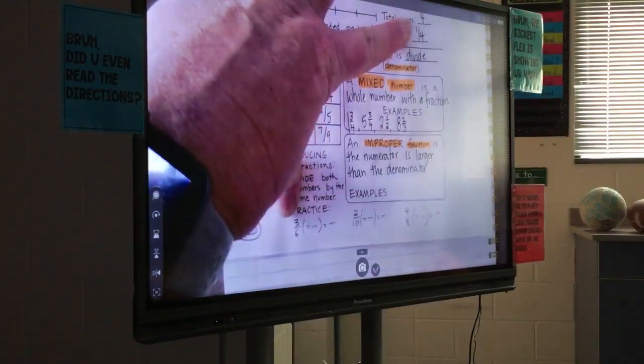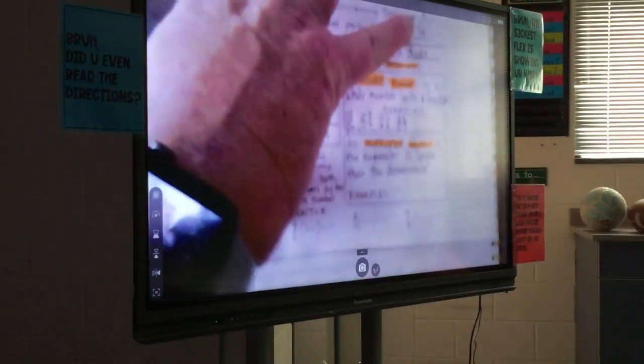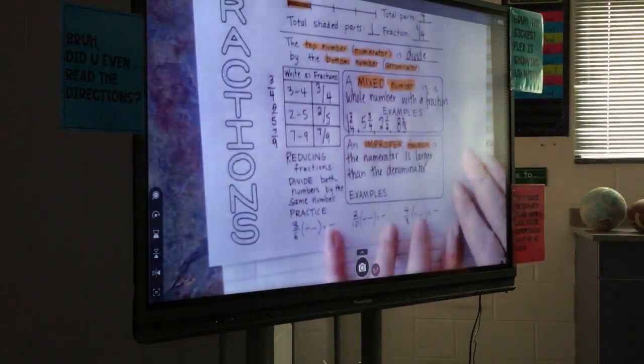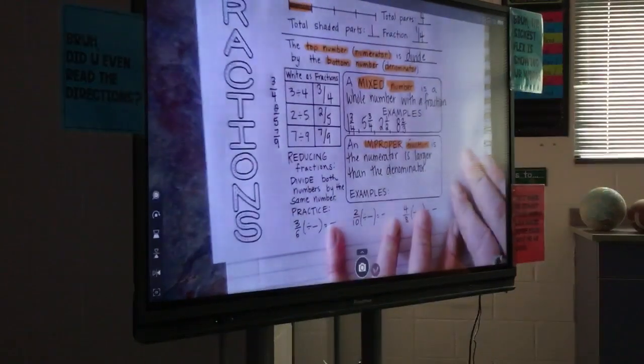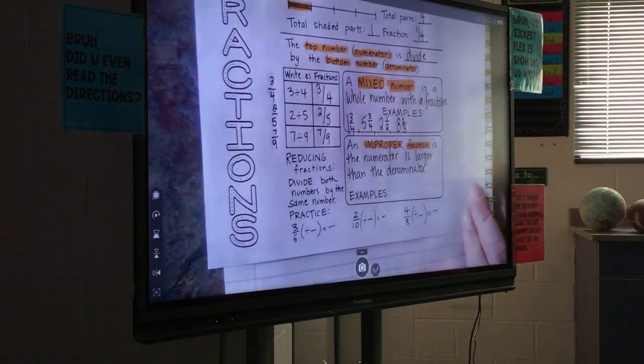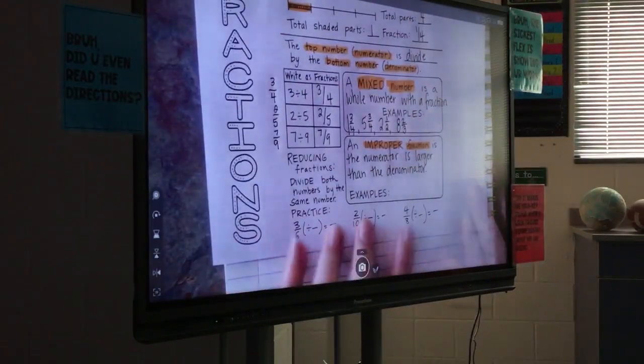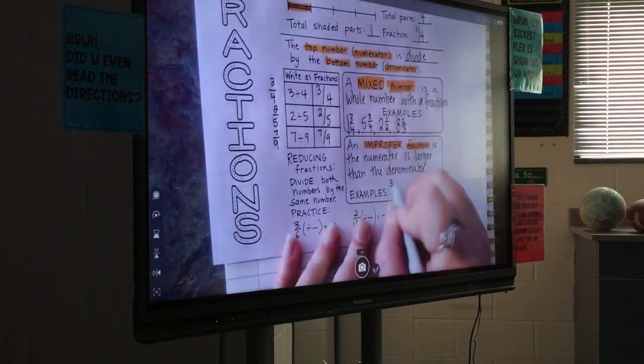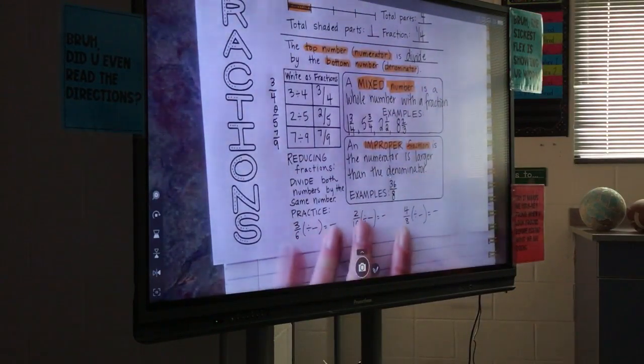All right, who would like to give me an example of an improper fraction? Christian, what's an improper fraction? 36/8. All right, what's another one? Ansley. 24/6.